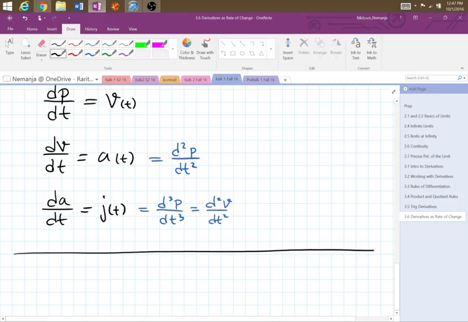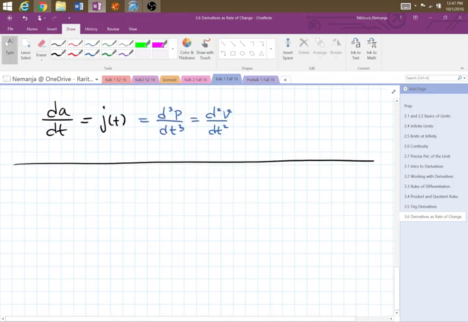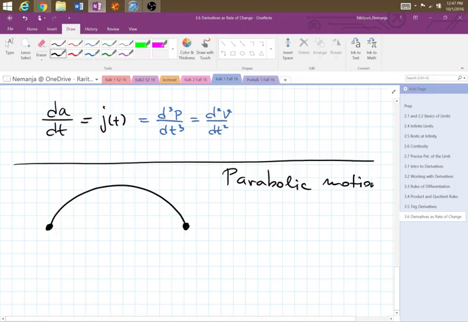Projectile motion? Parabola, thank you. So we're going to have parabolic motion. Anytime you throw something, it is going to go in a parabolic motion.